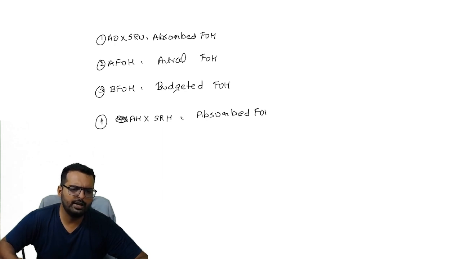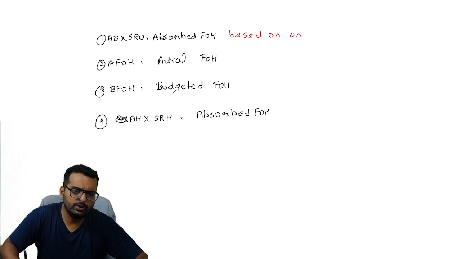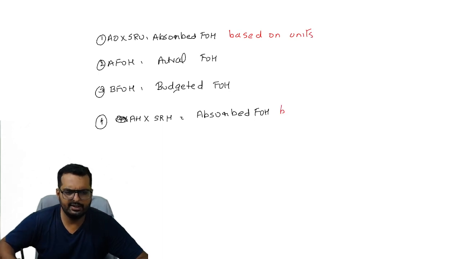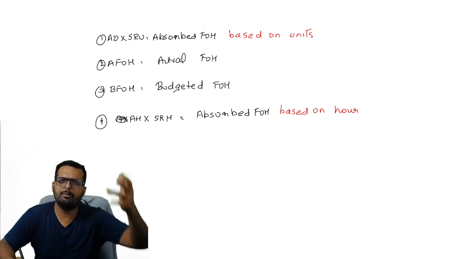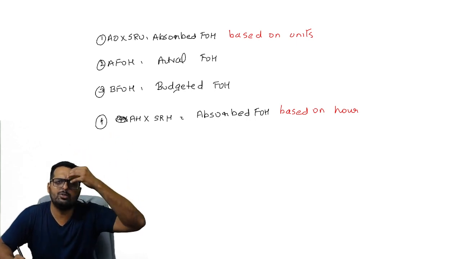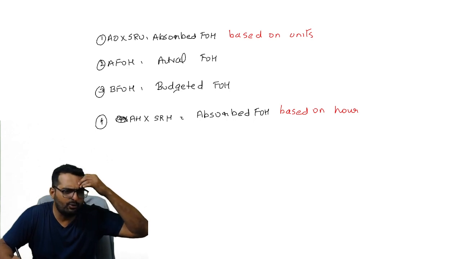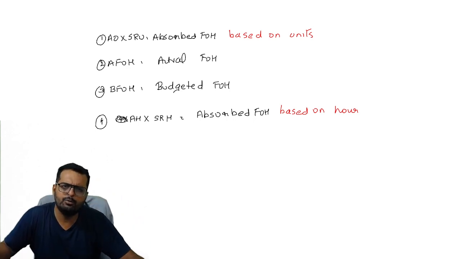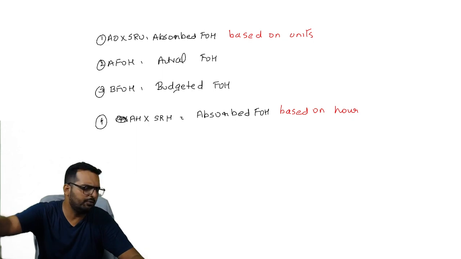This is also absorbed fixed overhead. But the only difference is the first one is based on units, the second one is based on hours. Friends, do you remember labor hour method, machine hour rate, etc.? Overheads can be absorbed using multiple things, and that's what makes costing very confusing. You can absorb the same thing based on units, you will get a different answer.